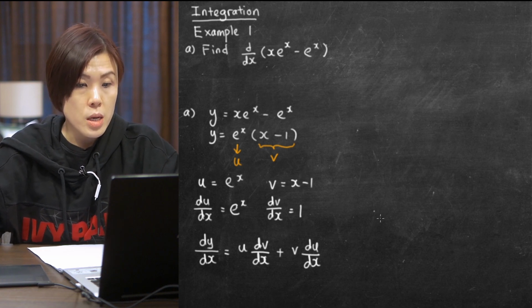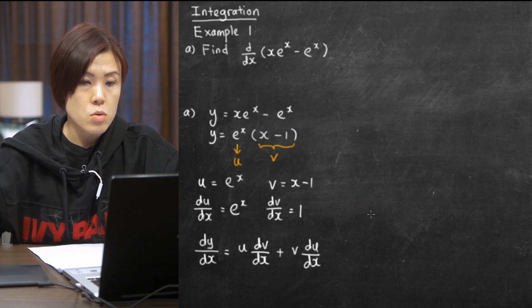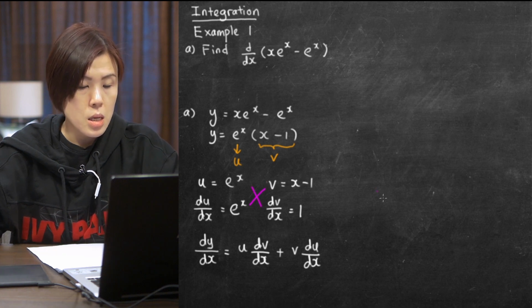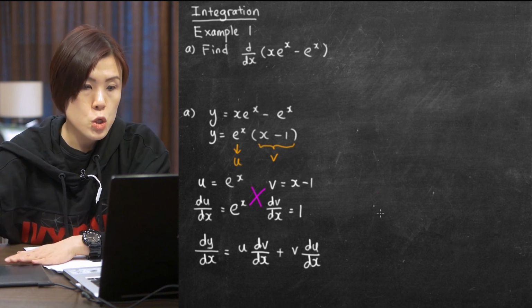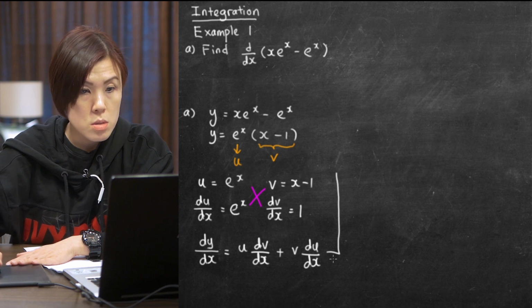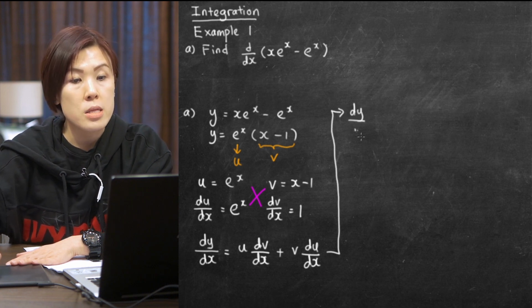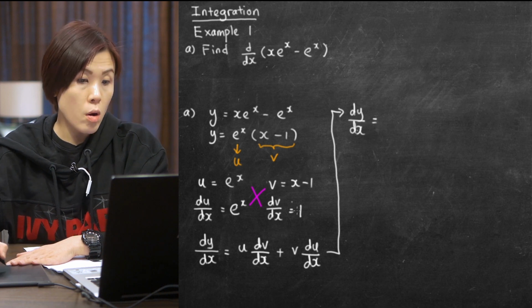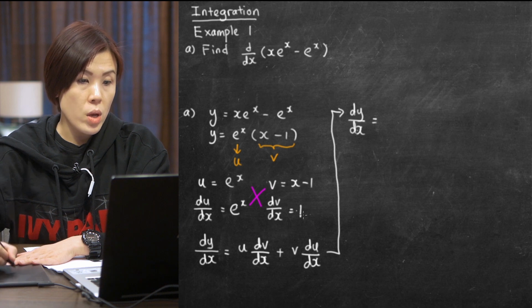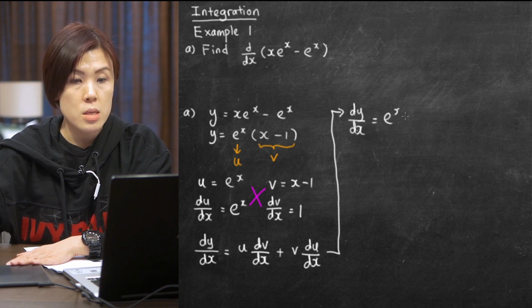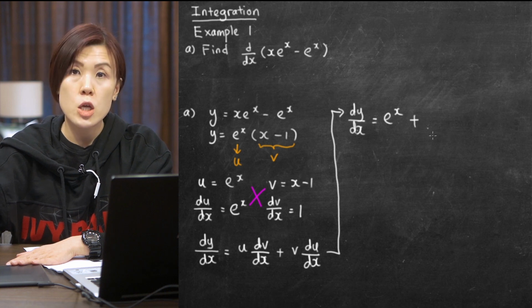If you think it's easier to use this form, you can actually do it like this, like cross multiply. Okay, dy by dx equals, put all this in, we have u times dv by dx, so e to the power of x times 1, then plus v du by dx.